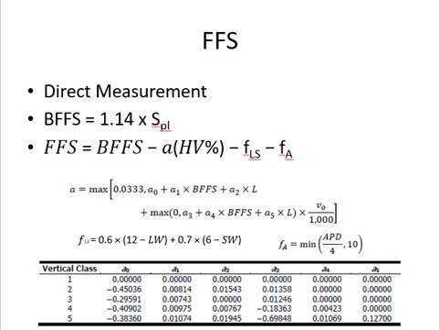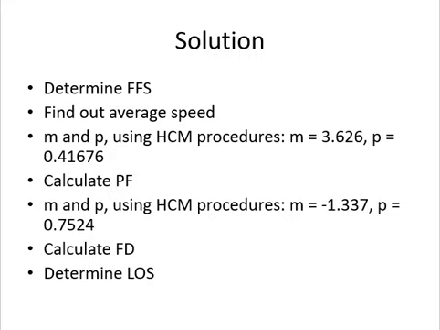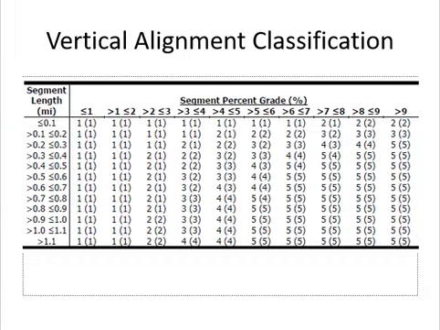Now from where do we get these values, A1, A0, and so on? These values are coming from this table. What do they depend upon? The vertical class. From where do I get the vertical class? This table. So you have to pick the vertical class from here.